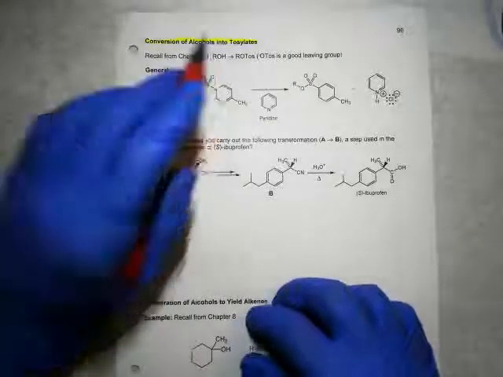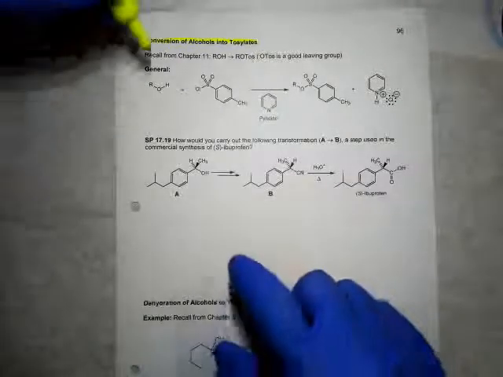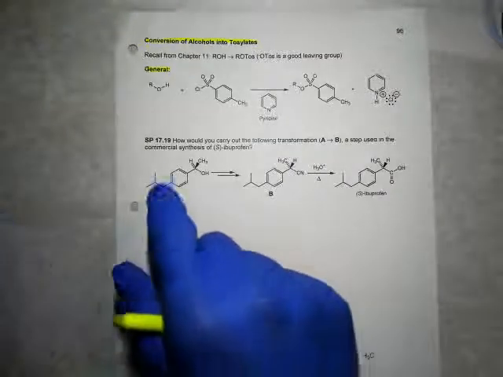The reason we're doing that is because the OH is a poor leaving group, and something called a tosyl group is a good leaving group. This goes back to chapter 5, and we also had it in chapter 11. Okay. So let me show you the general reaction, and then we're going to apply it to a real-world system. So what do we have here? This is an alcohol.